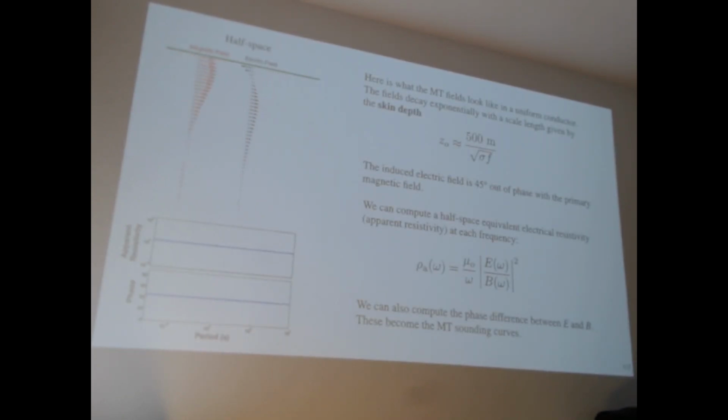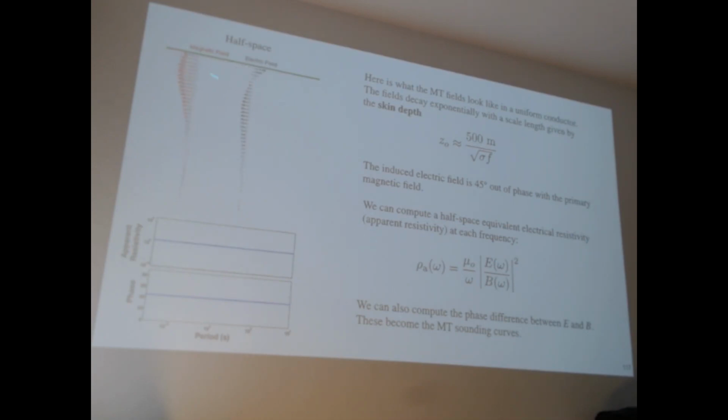So here's a mathematically correct picture of what the electric and magnetic fields look like in our half space. They're oscillating at some frequency. If you look carefully, you can see they're about 45 degrees out of phase. And this scale length here is given by the skin depth. I like to remember it this way: it's about half a kilometer times the square root of resistivity times period.